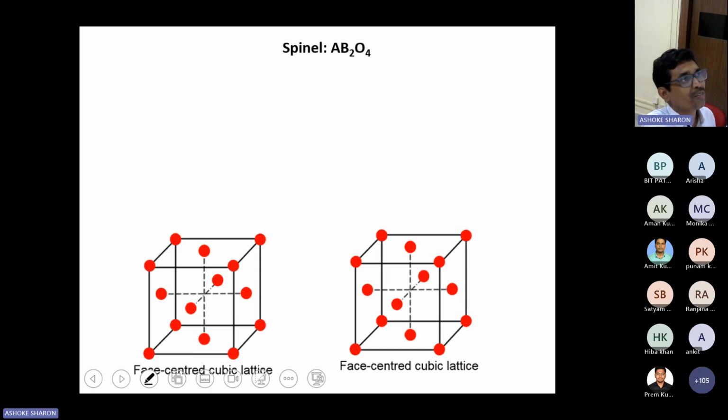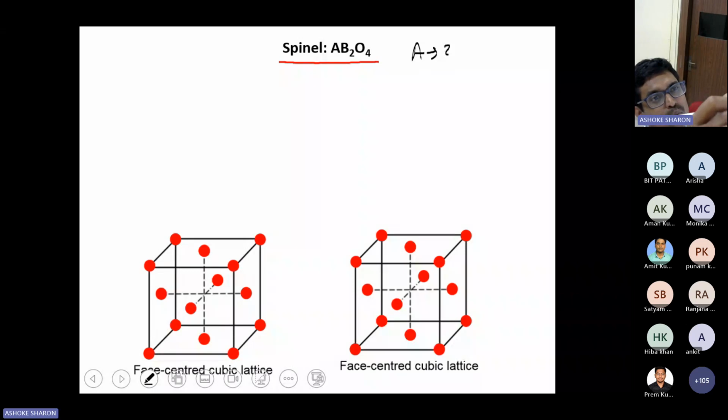Next, we will start with the spinel. Spinel is a beautiful inorganic mixed metal salt of the general formula AB2O4, where A has 2 plus charge and B has 3 plus charge.